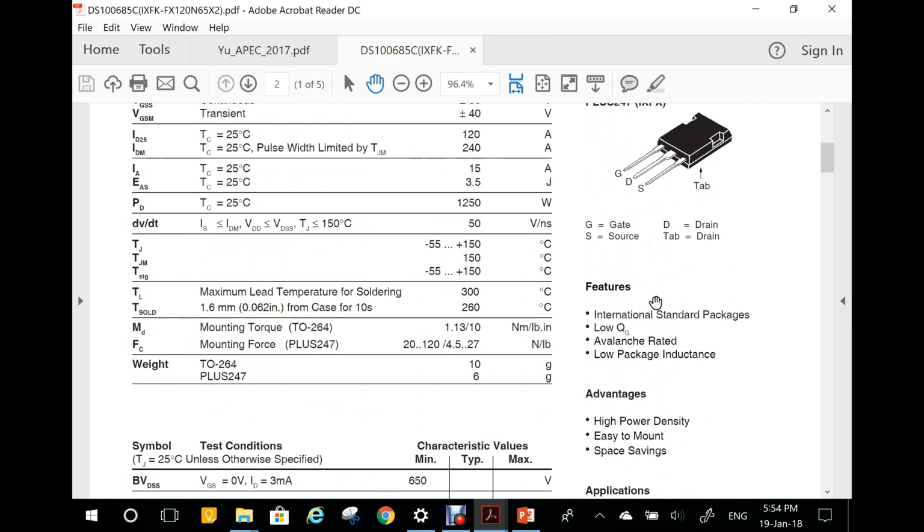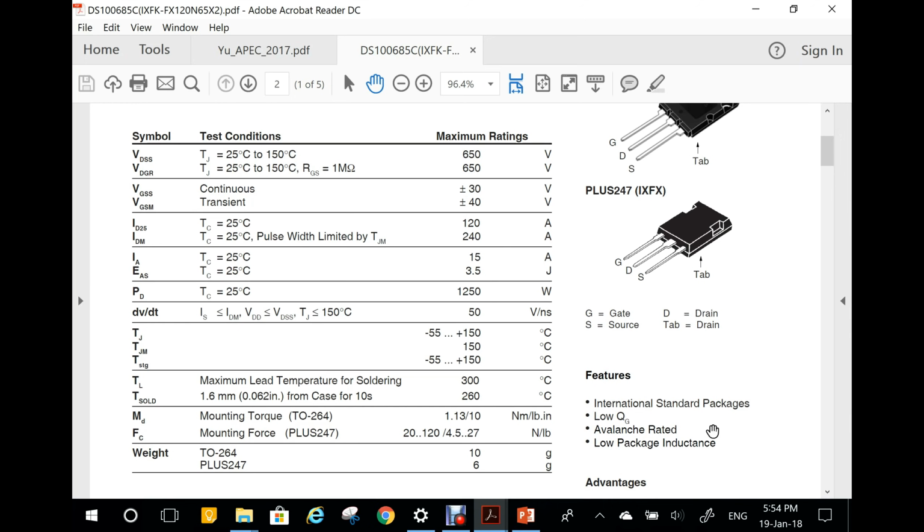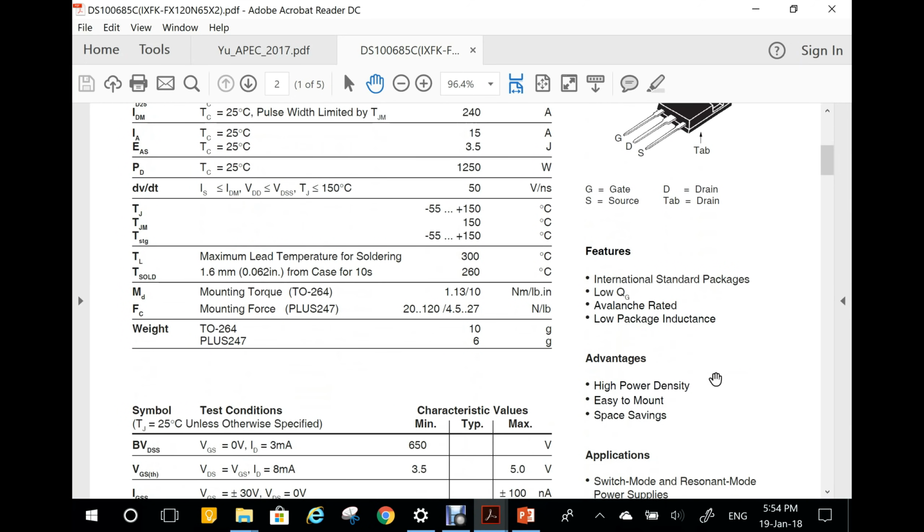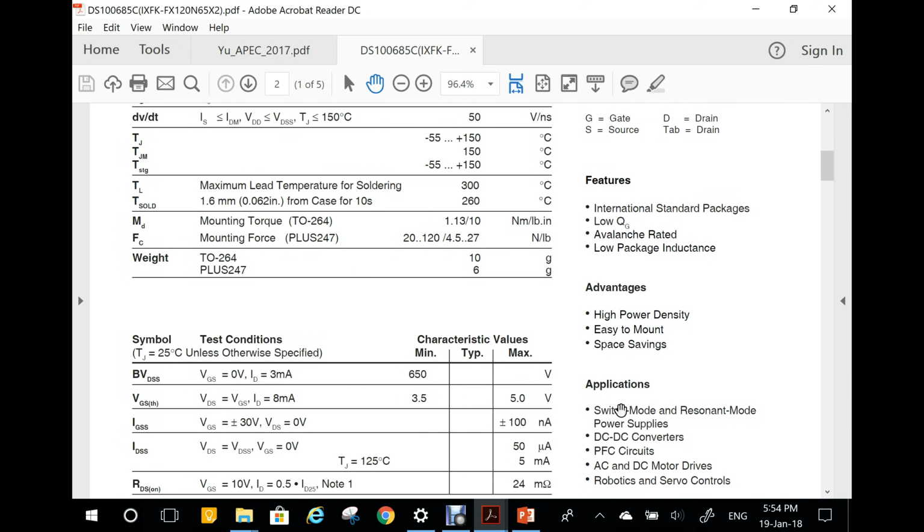Now, on the first page, you'll also find some description of recommended applications, features, etc. And these are not really parameters, not specifications. This is just a way that the vendor, the manufacturer, is trying to tell you where to use it and, of course, why it's so good. For example, it has international standard packages, low QG, we'll talk about it, avalanche rated, and low package inductance, which is important.